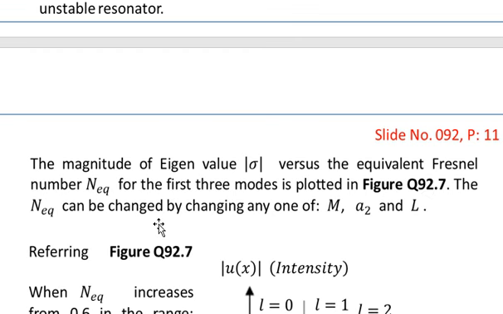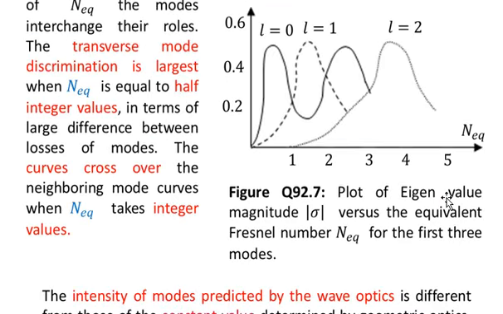The N_eq can be changed by changing the value of M, a2 and capital L. So you see that the equivalent Fresnel number can be changed either by changing capital M, that is the magnification of the system, or the size of the mirror 2, or the separation between the cavity mirrors, capital L. And this is what we are plotting, |sigma| versus the equivalent Fresnel number, in figure number 7. That is in this figure.